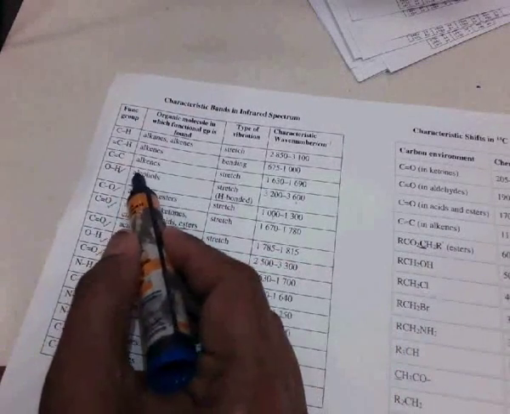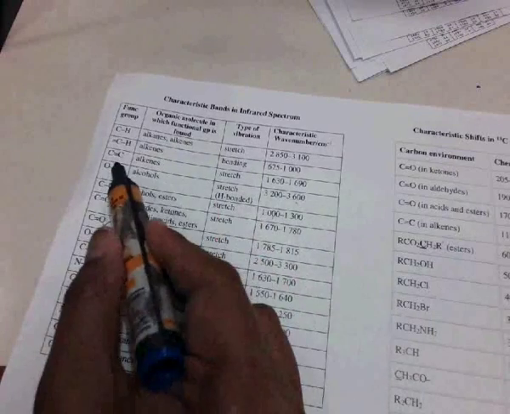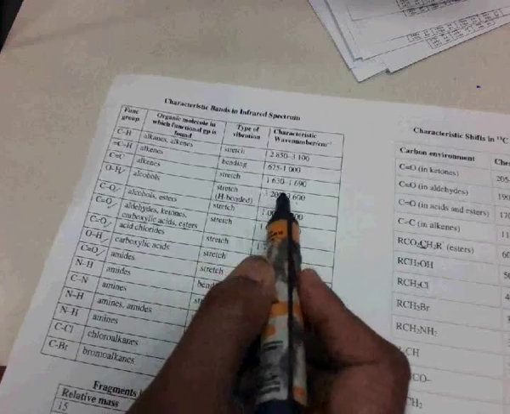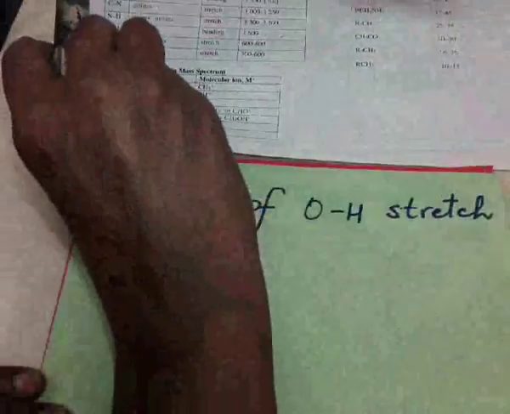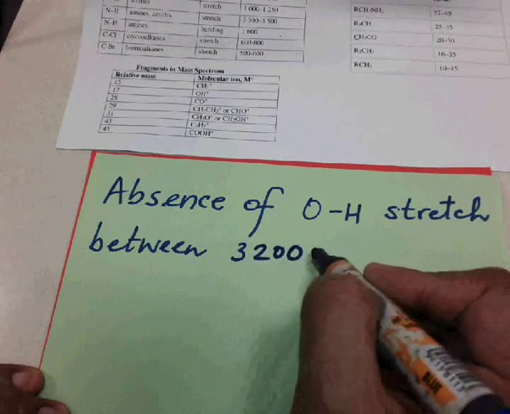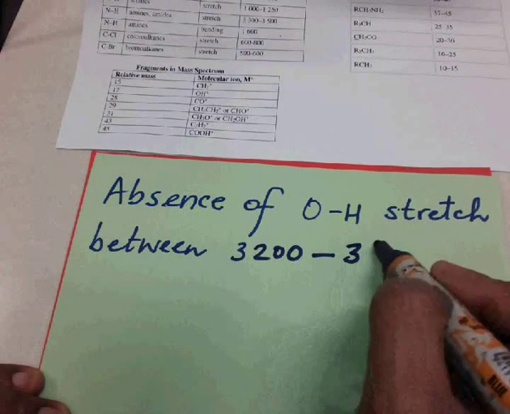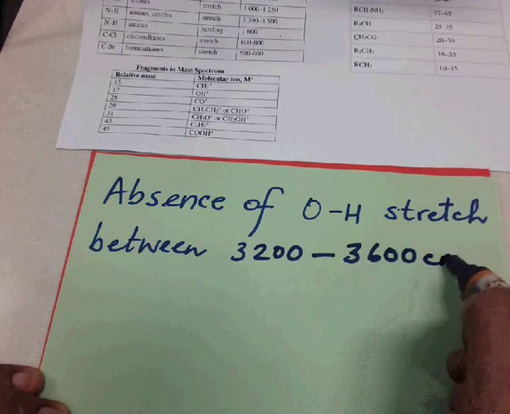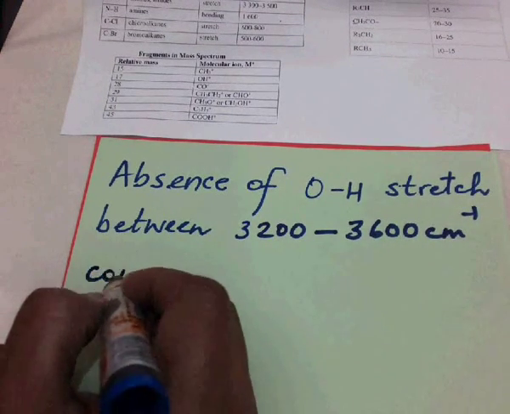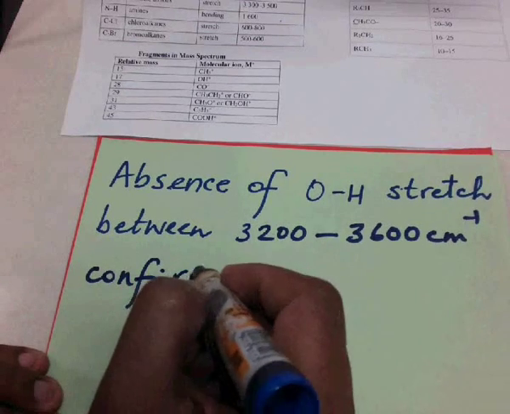I want to say that this is absent, so I say that's an OH bond, that is a stretch, that's already given to us, so I'm just borrowing information from the data sheet. And between 3200, you always write the smaller number first, and 3600, and you must always give the unit, per centimeter. Confirms it is not an alcohol.